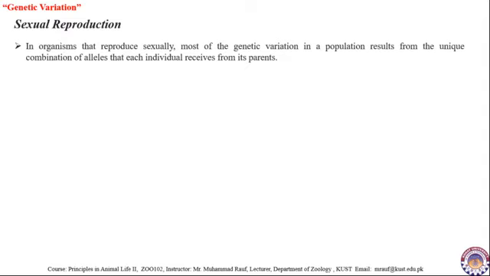So all the members of the population have the same genetic makeup, the same genotype, and they are exposed to the environment in the same way. There is no variation whatsoever, whereas sexually reproducing organisms are at an advantage because variation exists courtesy of the process of crossing over during gamete formation and random fertilization.